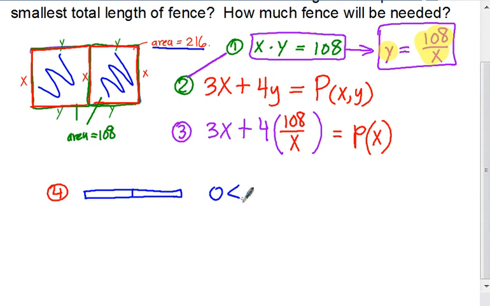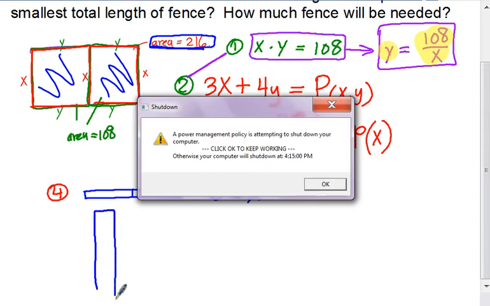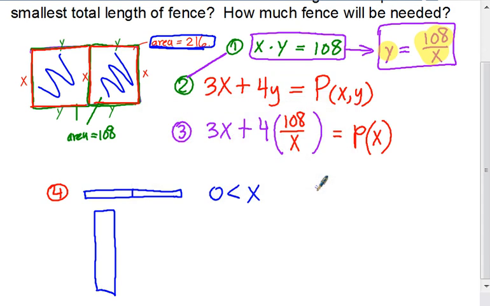If we actually made it 0, it would have no area, and that doesn't fit the conditions of the problem. So we need x to be a positive number, for starters. Now, can x be as large as you want? In other words, can you have a very, very tall p-patch like this?